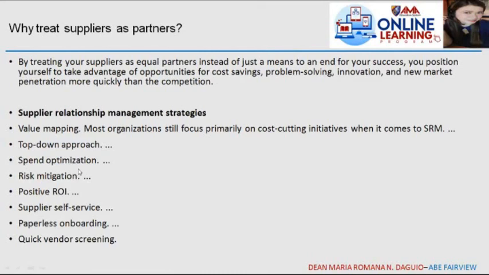Also, we have top-down approach, spend optimization, risk mitigation, positive ROI or return on investment, supplier self-service, paperless onboarding, and quick vendor screening. So those are some of the supplier relationship strategies.